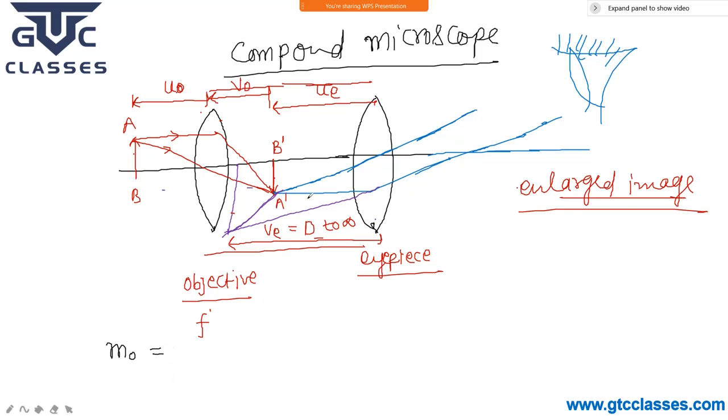The height A dash B dash divided by AB. That's how we calculate. We can also calculate it like V naught by U naught. And this will be minus, we have to put a minus because the image is inverted. So minus V naught upon U naught. This is the magnification by the objective lens. Now what is the magnification by this?